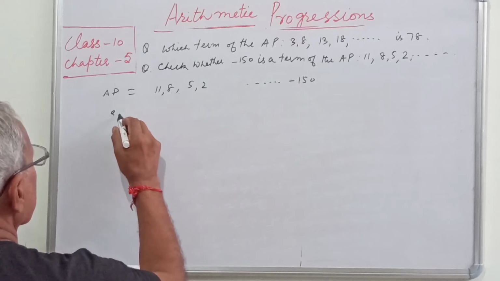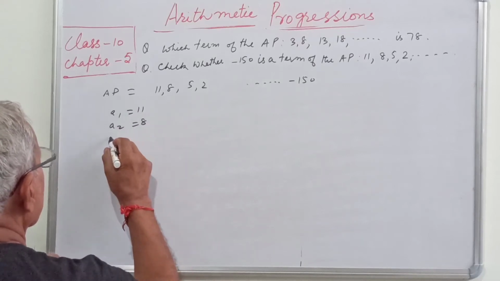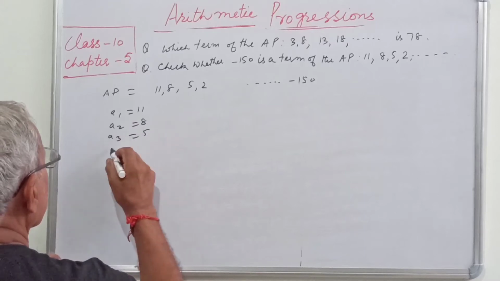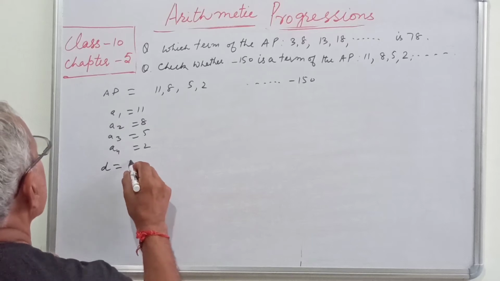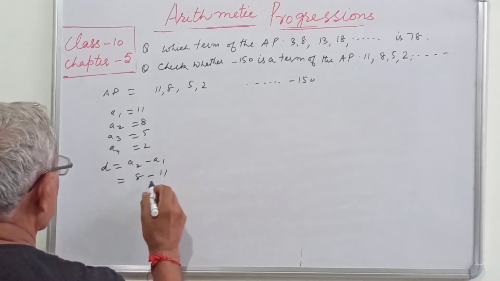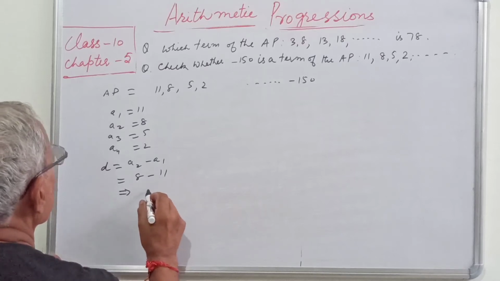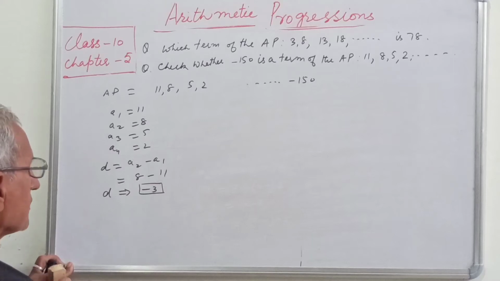So A1 here is 11, A2 8, A3 5, A4 2. So D will be A2 minus A1, 8 minus 11, that is minus 3. So D is minus 3.